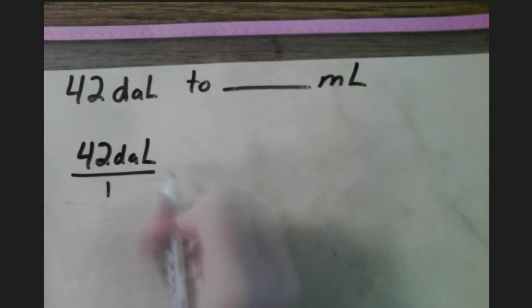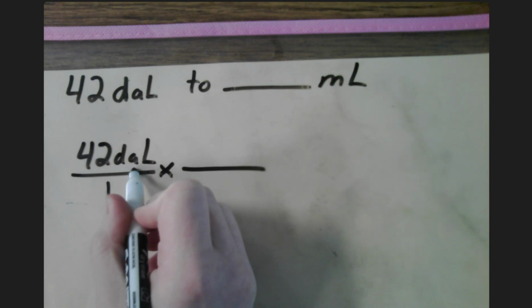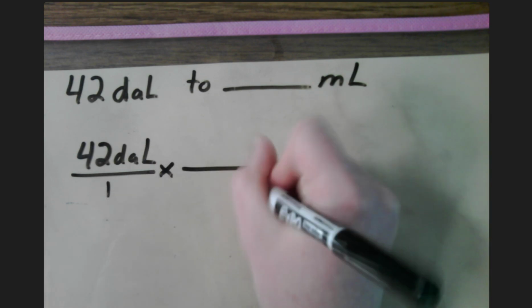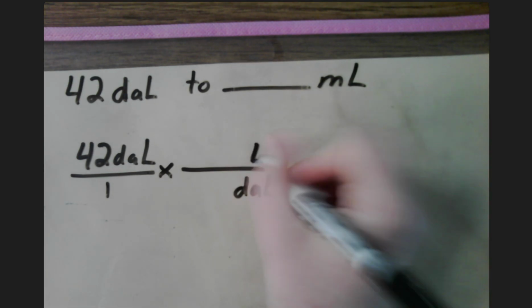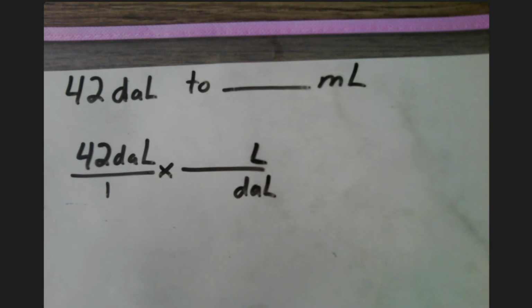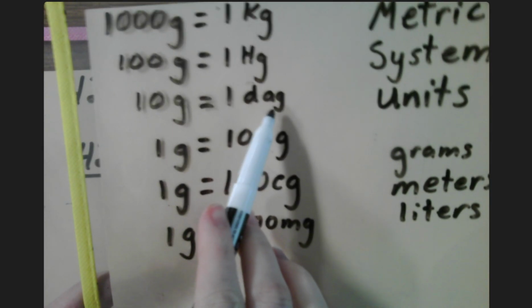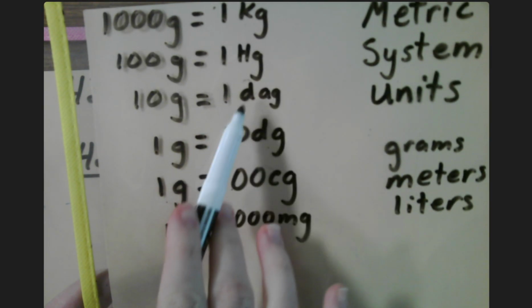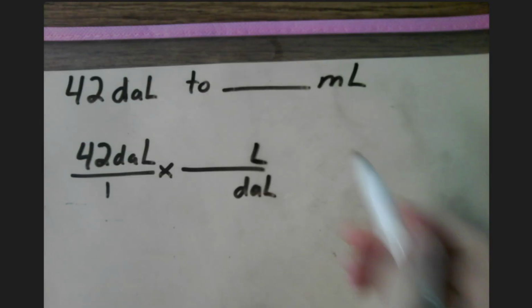We'll make that a fraction. Now, we're going to have to cancel this out, so we'll put that there. And we're going to put liters up here. Let's look at this. All right. So we have decagrams, or decaliters. 1 is equal to 10 liters. So let's plug that in.